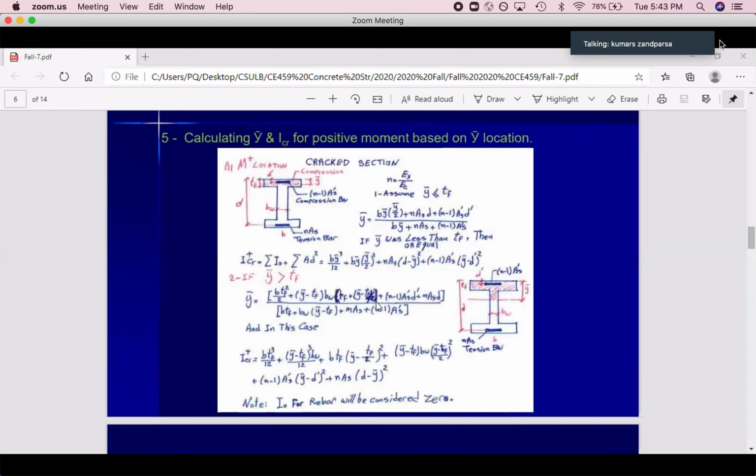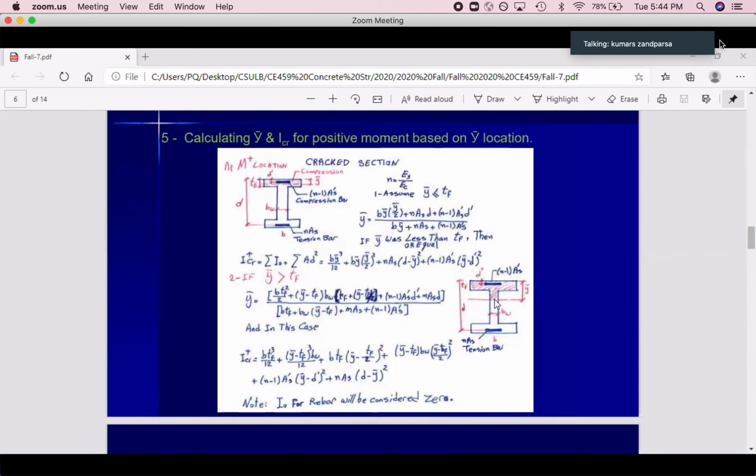The first one is B times TF times distance to the top, TF divided by 2. B TF times TF divided by 2, plus, then what's this height? Y bar minus TF, from here to here, times BW.